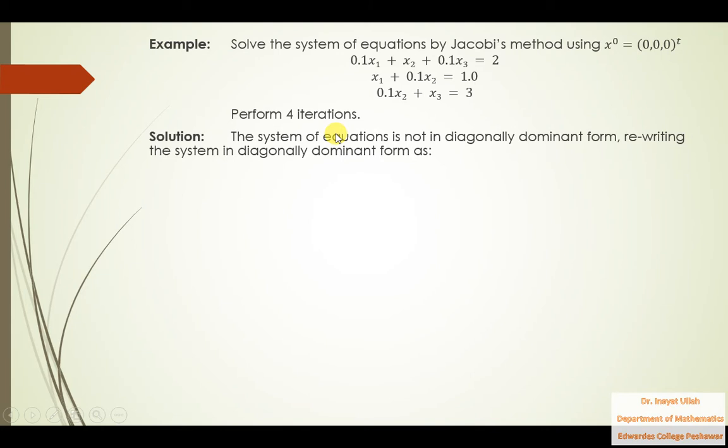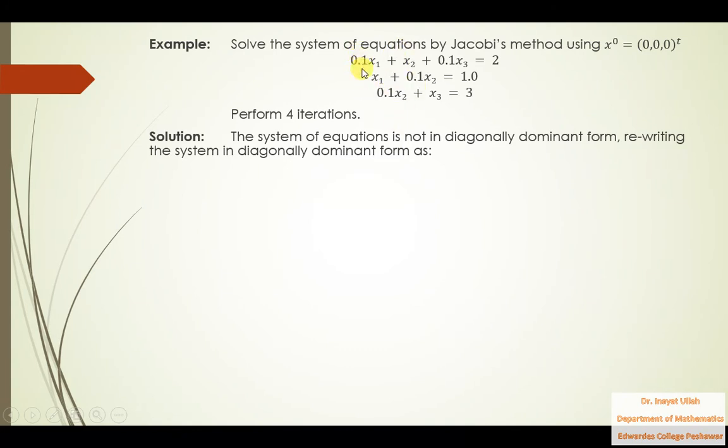First of all, we'll see whether the system is in diagonally dominant form or not. So this is the diagonal: x1, then x2, then x3. The coefficient of this diagonal entry, the first one, is 0.1. 0.1 is less than the sum of 1 and 0.1. 1 plus 0.1 is 1.1, and this 0.1 is less than the sum of these two. So it means that this system is not in diagonally dominant form.